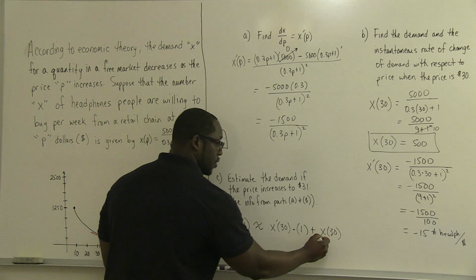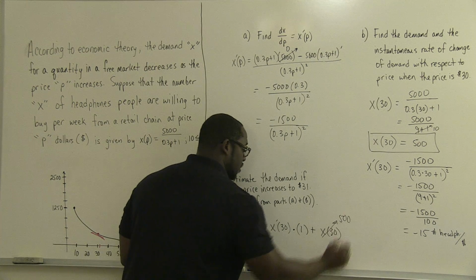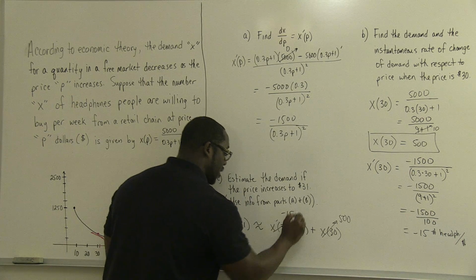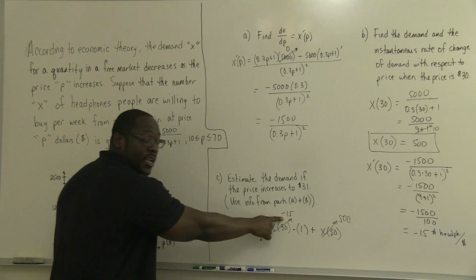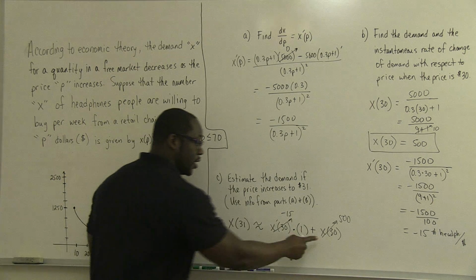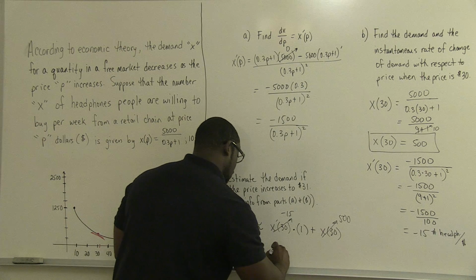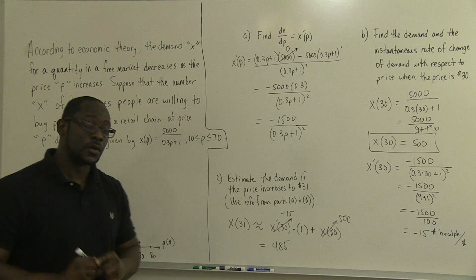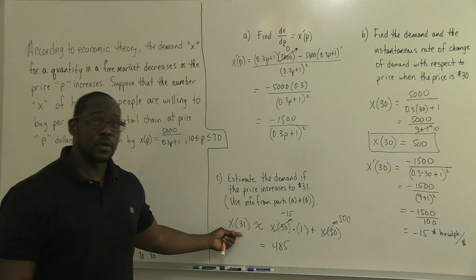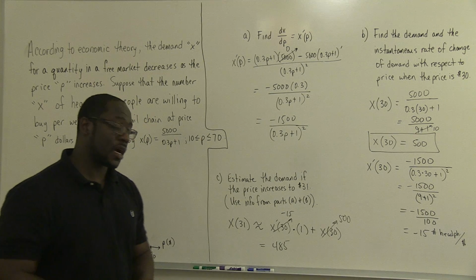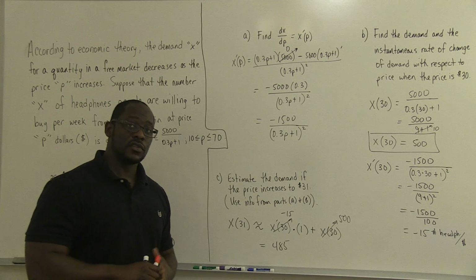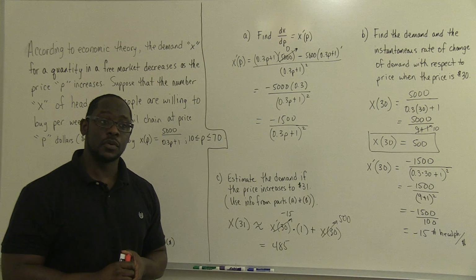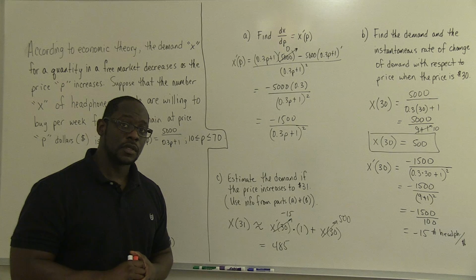Here we know that this is a quantity of 500, and the slope is minus 15. So if we take negative 15 times 1 and add 500 to that, we get 485. Our estimate is that if we raise the price $1, we basically lose a demand of 15, so 15 fewer people wanting headphones.